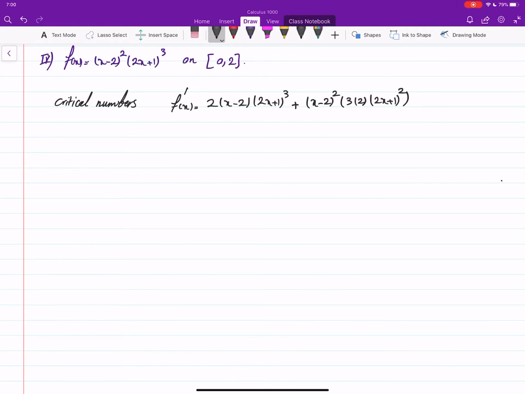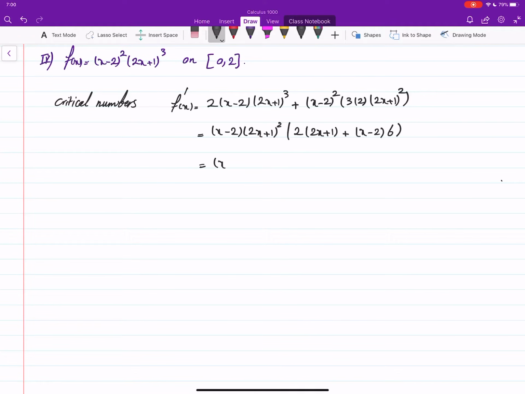And well, if you do the computation, you can factor out x minus 2 and 2x plus 1 squared. Here you will see 2 times 2x plus 1 plus, in the second one, we'll see x minus 2 times 6.